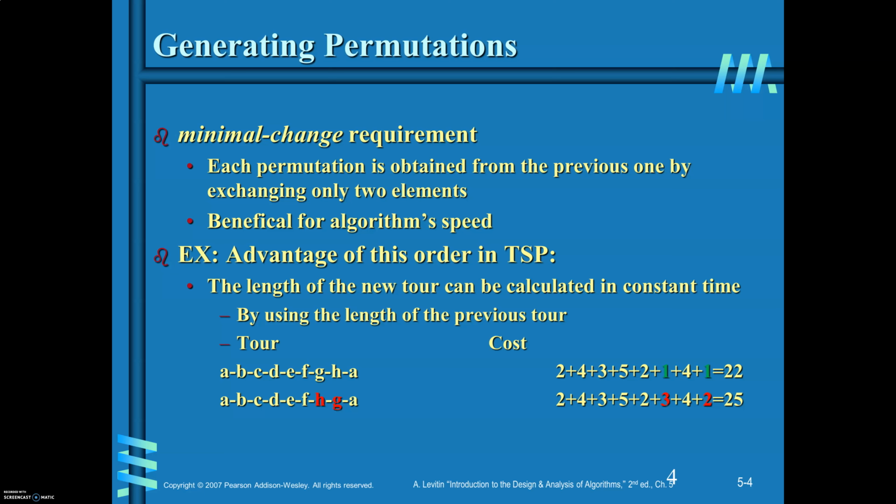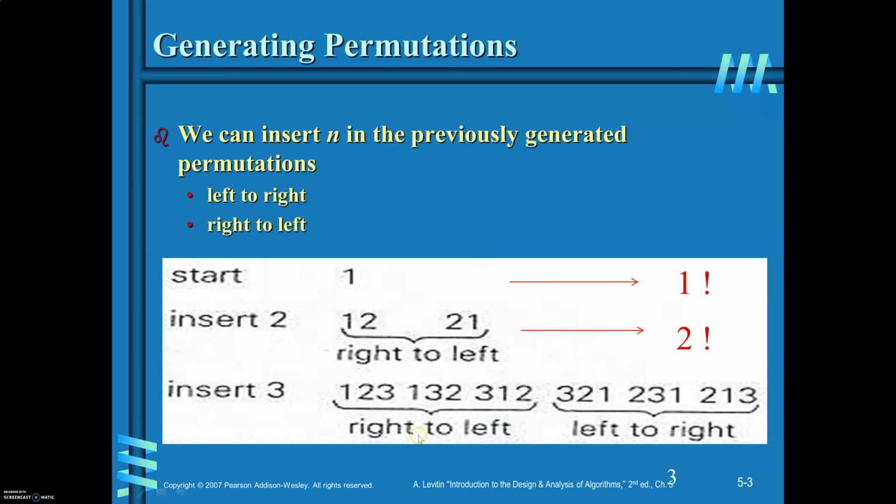This way of generating all possible permutations is called bottom-up minimal change requirement, because here each permutation is obtained from the previous one by exchanging only 2 elements. Here 1, 2, 3 is there. So look at here, when you interchange these 2 elements, you are getting the next permutation. Again when you interchange these 2 elements, you are getting the next permutation.